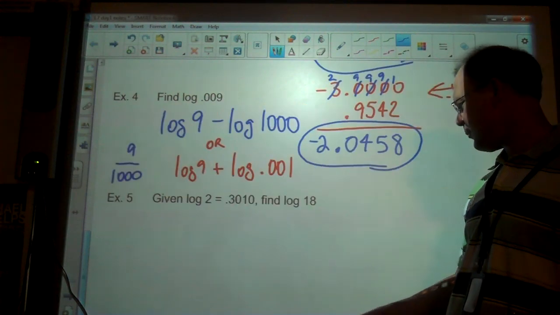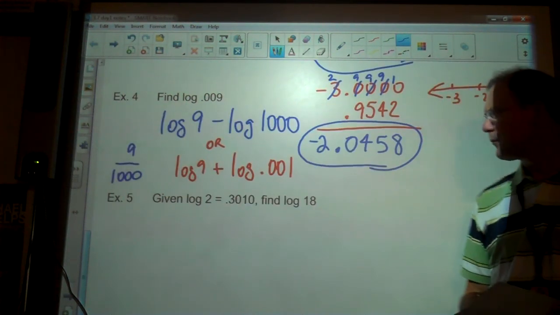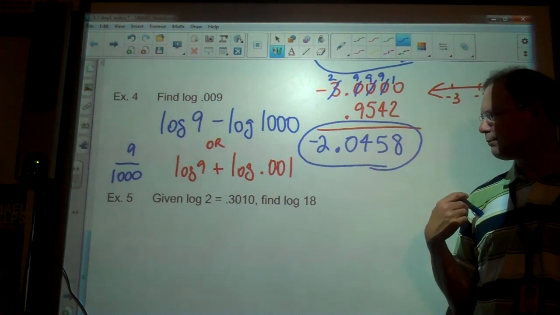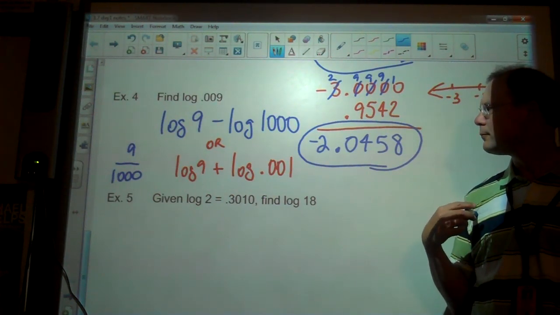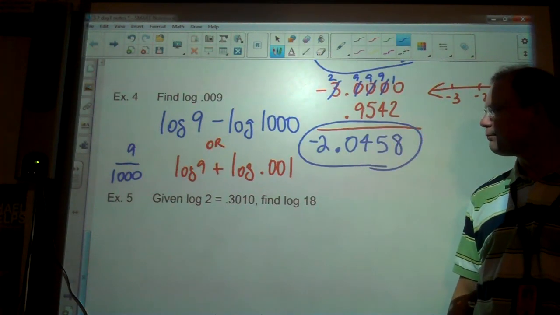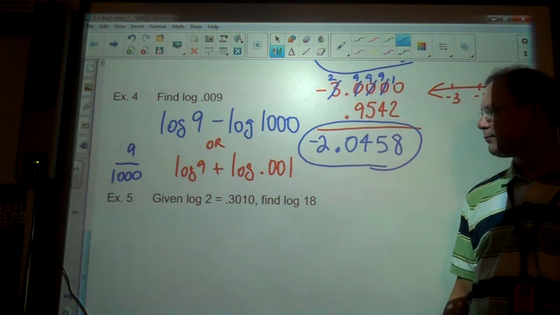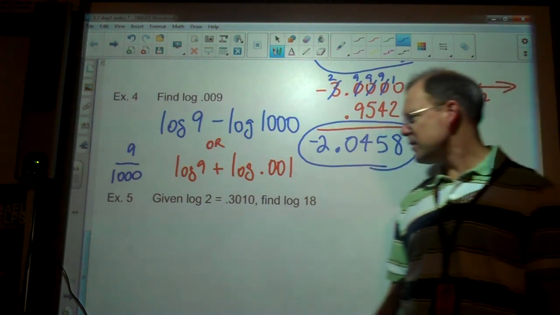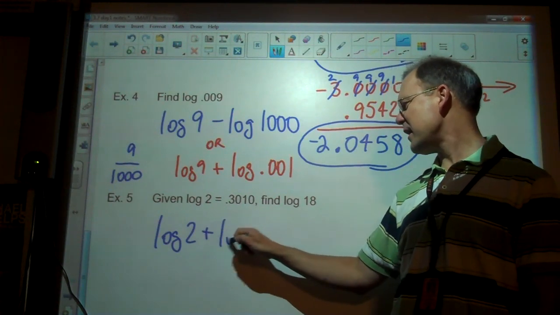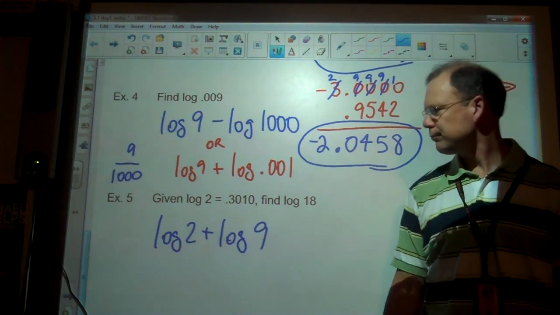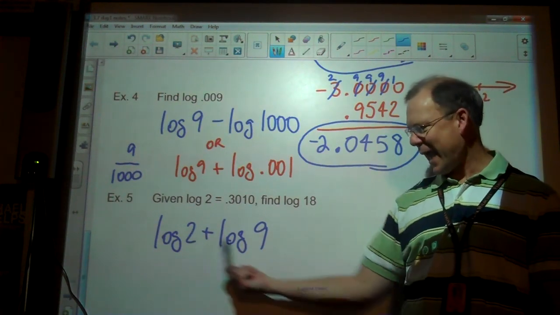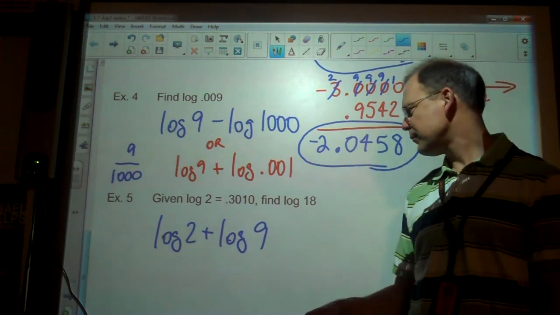Okay, last example. If we know the log of 2, how can we find the log of 18? Also using the log of 9. Okay, so 18 is 2 times 9, right? So product property, we add the logs.